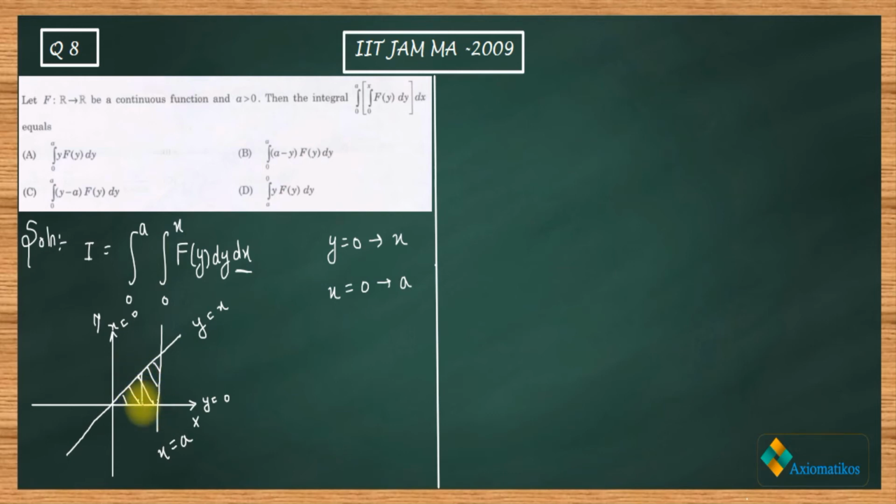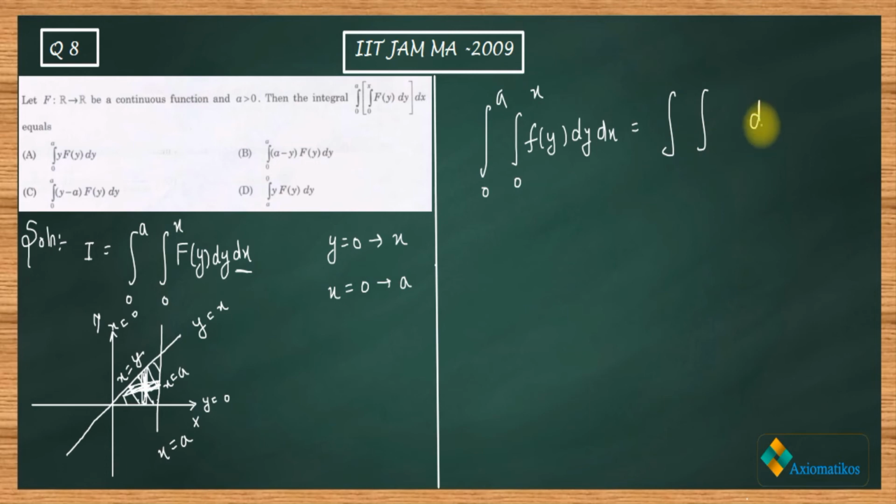Initially you had taken this as your strip, but when you change the order, you have to take this as your strip. So what is the value of x here? It's y. And what is the value of x here? It's a. That means when you change the order of integral 0 to a, 0 to x, f(y) dy dx, you have to place your limits of x in the first place.